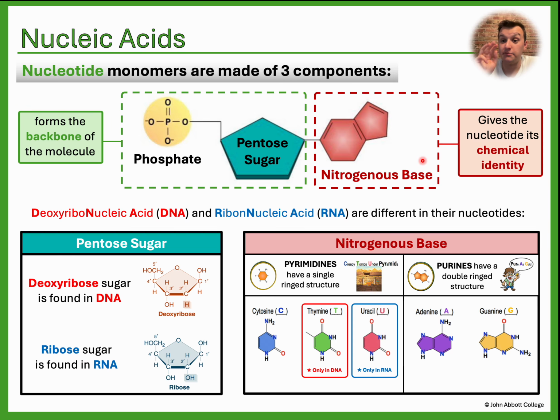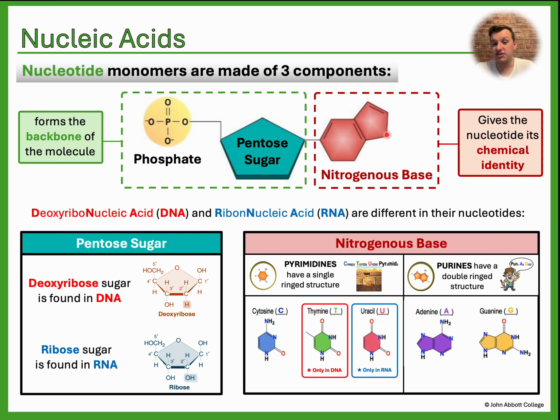Nucleotide monomers are composed of three components. You have a backbone of this nucleotide molecule, and you have the nitrogenous base. Every single nucleotide, the four kinds, all have this same backbone. You have a pentose sugar that's in a pentagon shape. You have a phosphate over here. And this is what changes: the nitrogenous base.